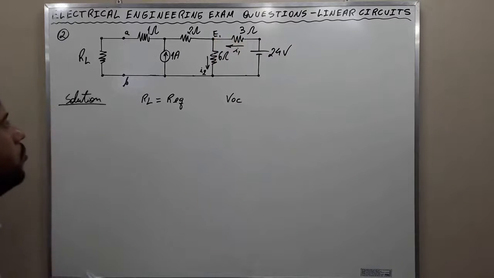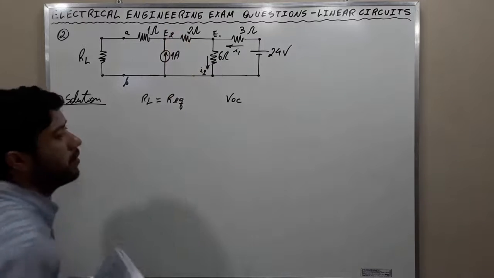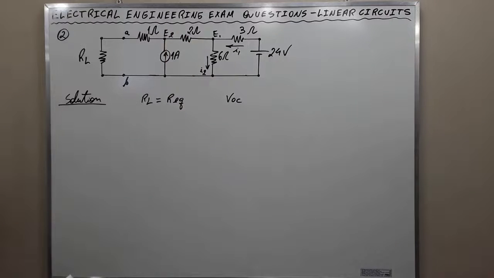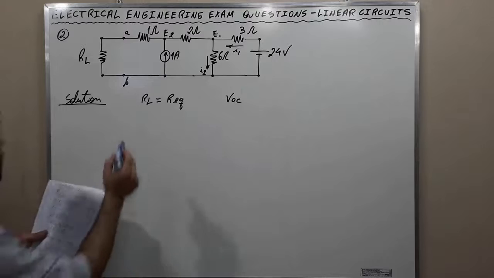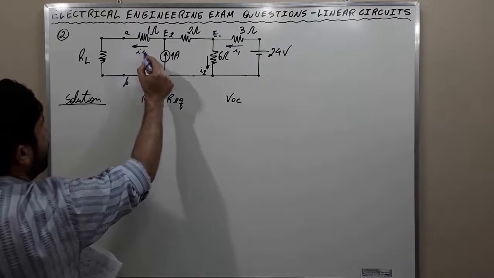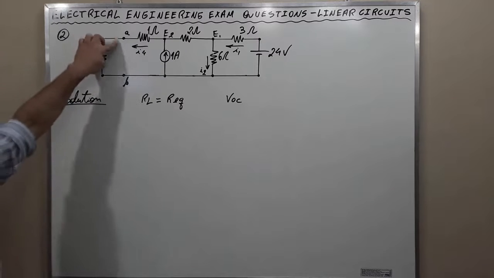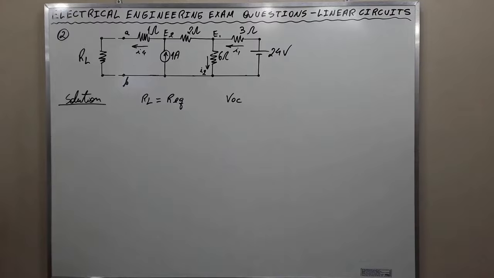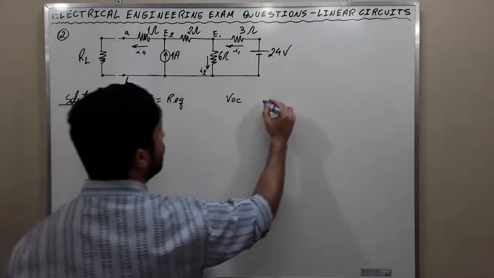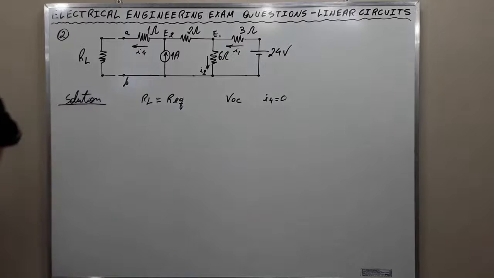This node is E1. This node is E2, and this current here, I4. Notice that we are going to open the circuit here. So I4 we already know is equal to 0.